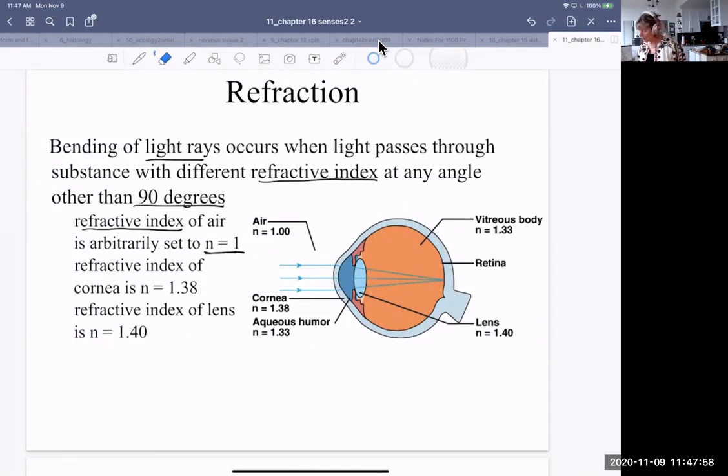So the cornea is 1.38, and the lens is 1.4. So that's just an indication of how much the light is bent.